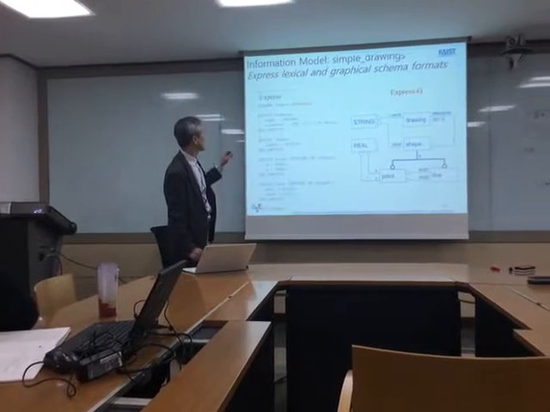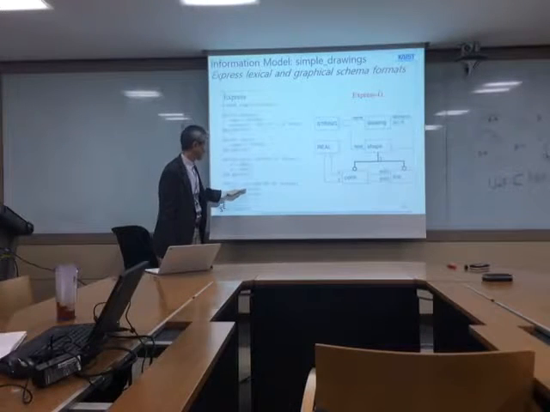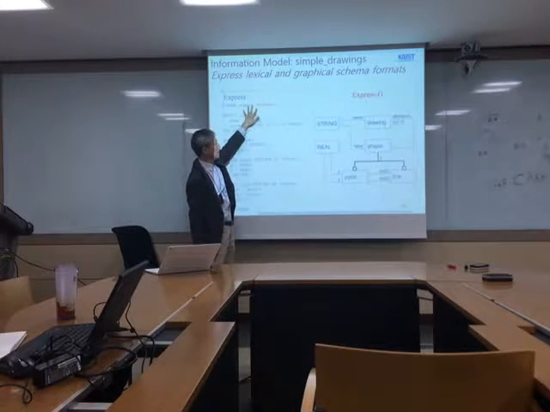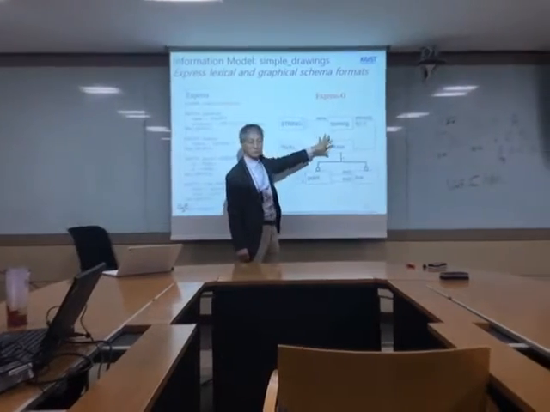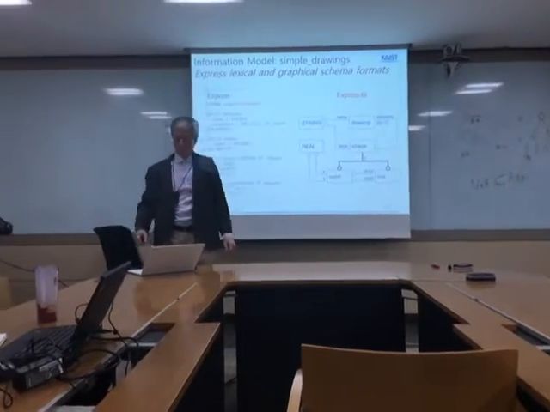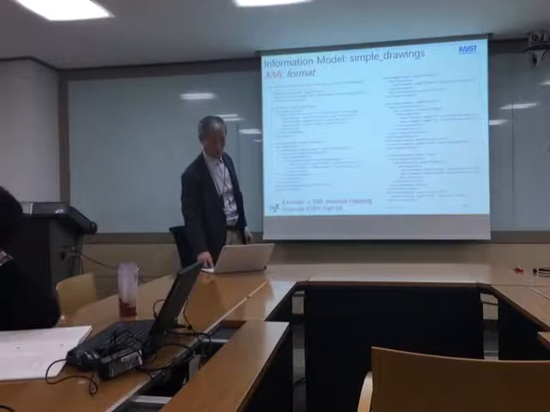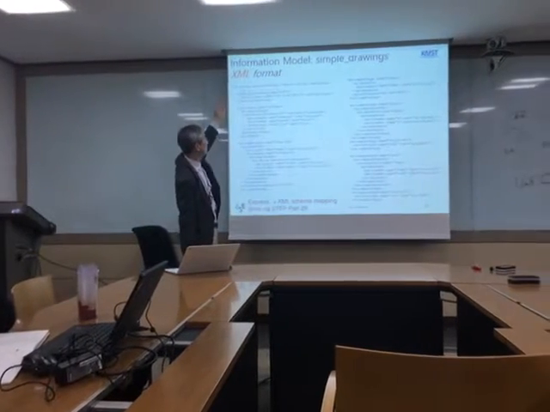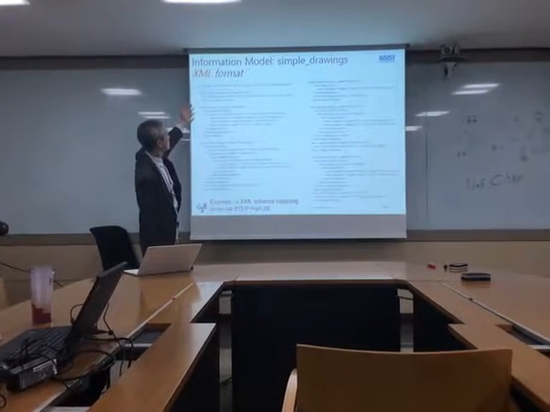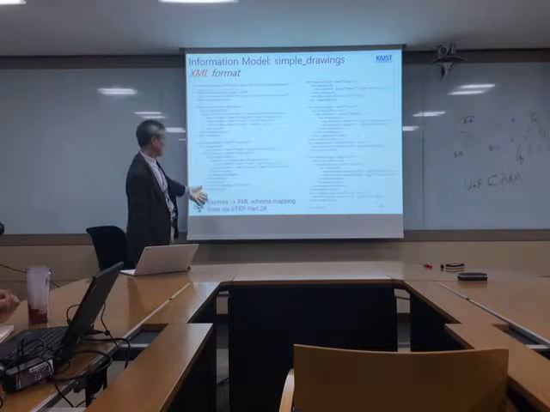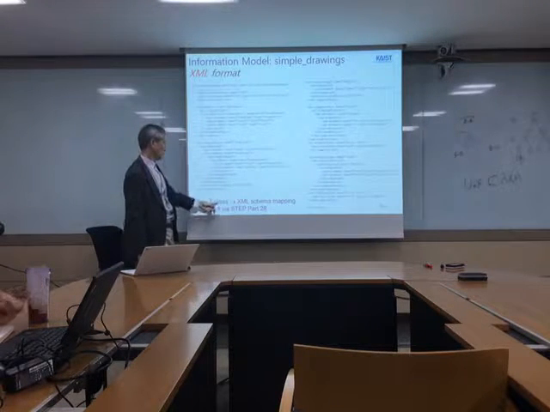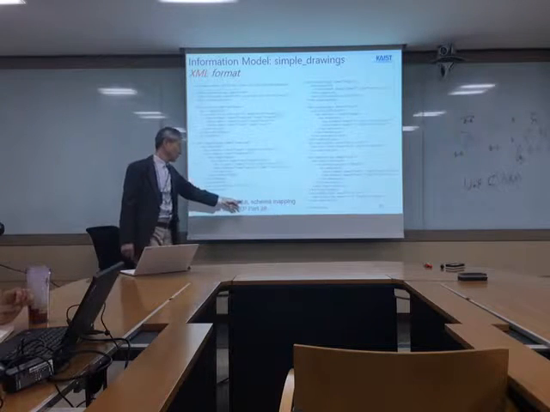And this is the EXPRESS schema for simple drawing, and also the EXPRESS-G diagram version of simple drawing. And that one is also represented in XML format, the XML schema for simple drawing. And there is a schema mapping between EXPRESS and XML.